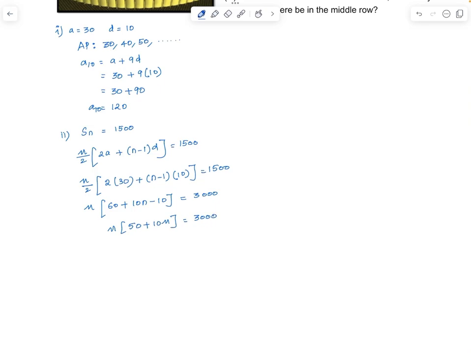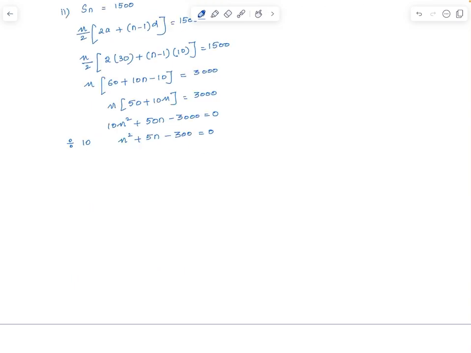On expanding the LHS, we get 10n square plus 50n minus 3000 is equal to 0. Dividing the entire equation by 10, we get n square plus 5n minus 300. Factorizing this equation using splitting the middle term, we get n square plus 20n minus 15n minus 300 is equal to 0.